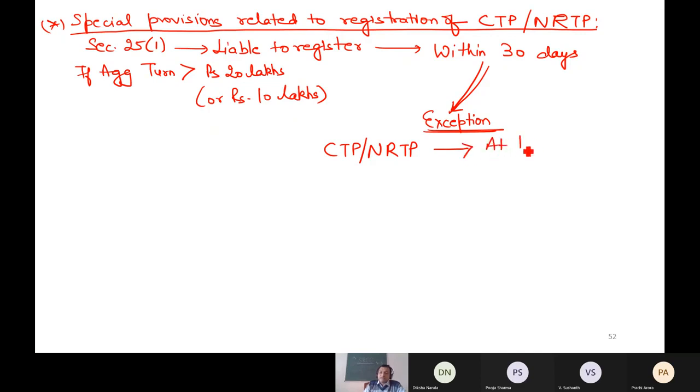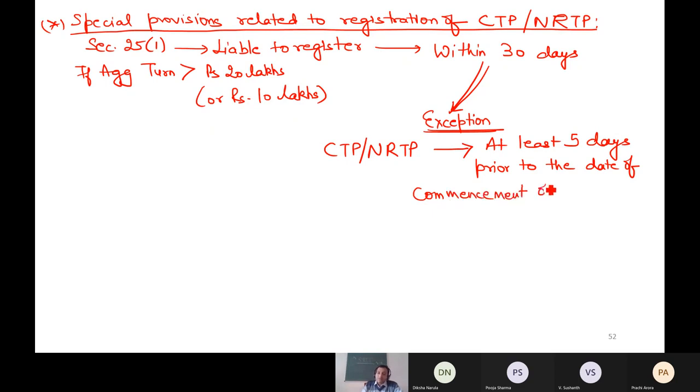In fact, the limit is at least 5 days prior to the date of commencement of registration. It was mentioned in section 25 subsection 1 as it is. Date of commencement of registration. That means there was something special.